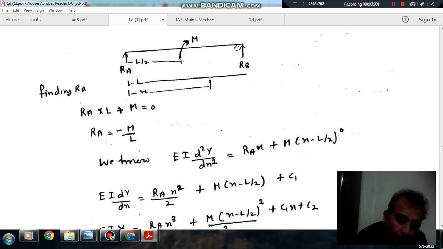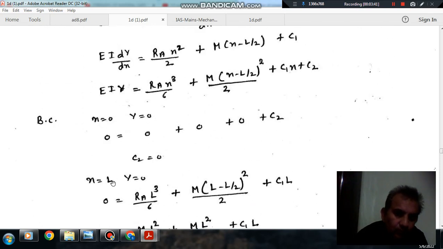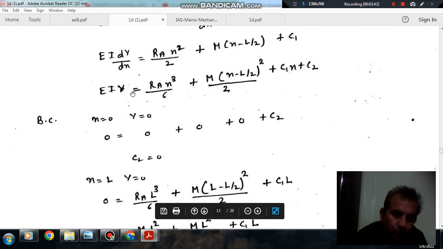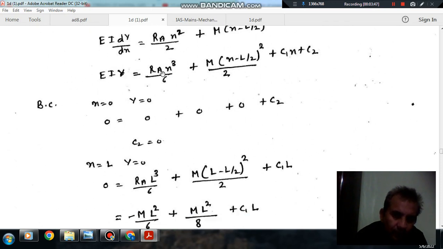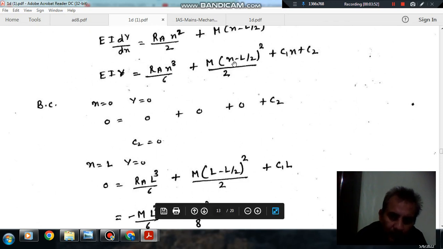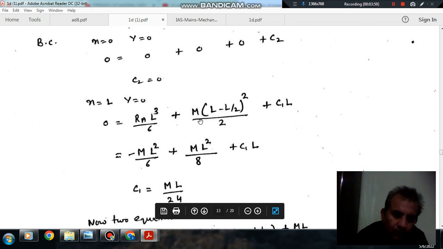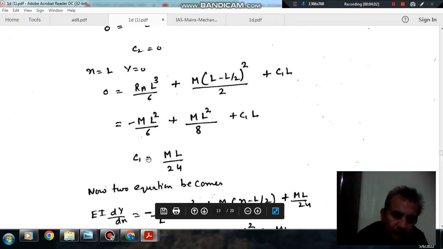There will also not be any settlement. Okay, y is equal to 0, this is simply supported. So now we put here x is equal to L. Here it will be RA L cube by 6. Here it will be M times L minus L by 2 square by 2, and this will be C1 L because C2 is already 0. Okay, from this we can find out C1. So C1 is ml by 24.